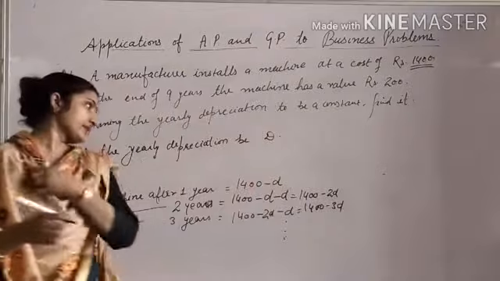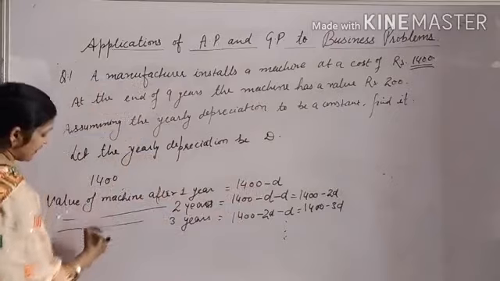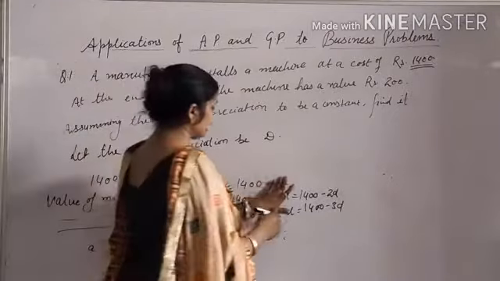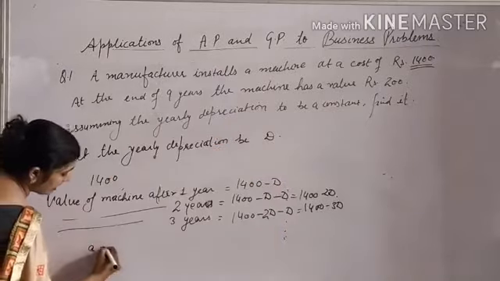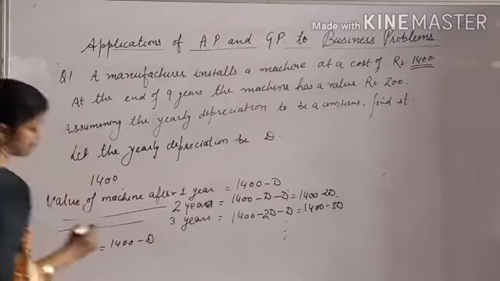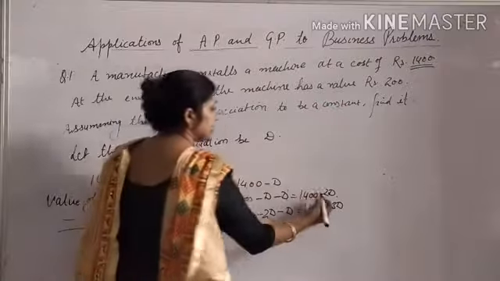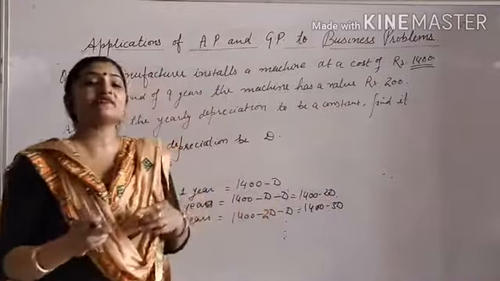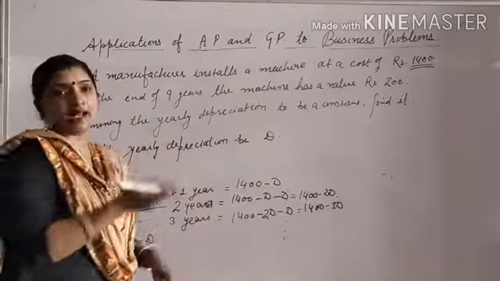Now see, if we make it an initial term A, where capital D is the depreciation, then here A is 1400 minus D. And the common difference, see, this is the second term and this is the first term. The common difference will be second term minus first term, third term minus second term, and so on.